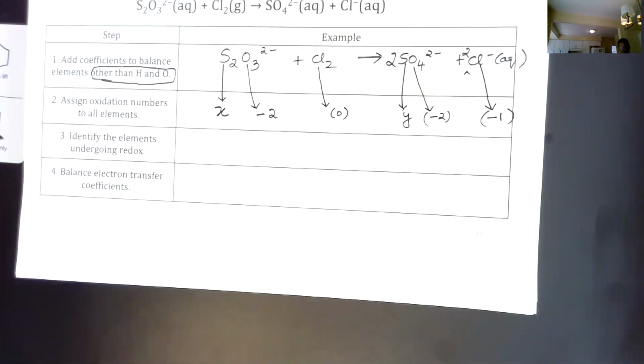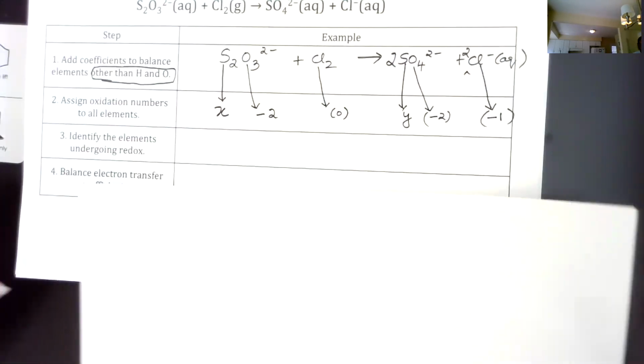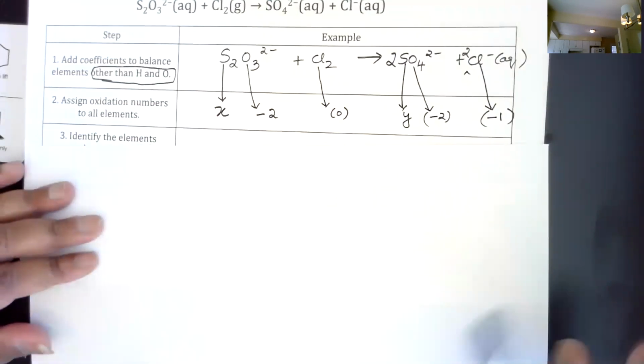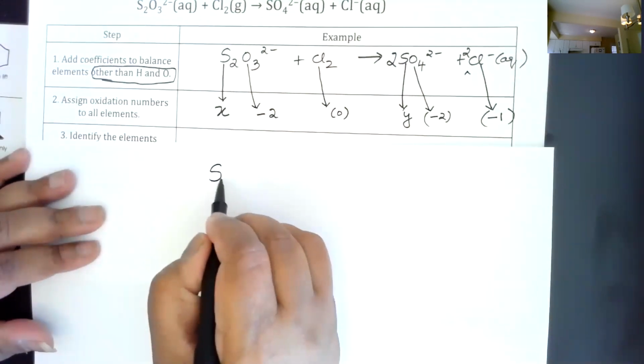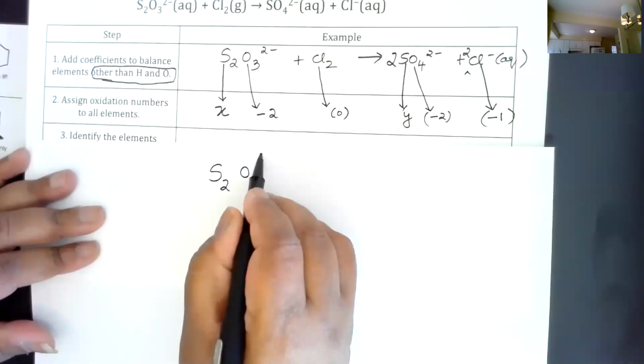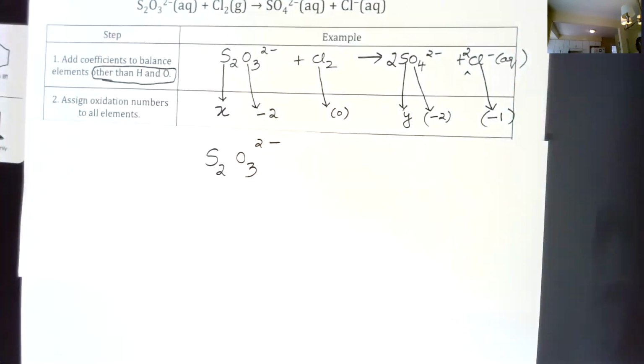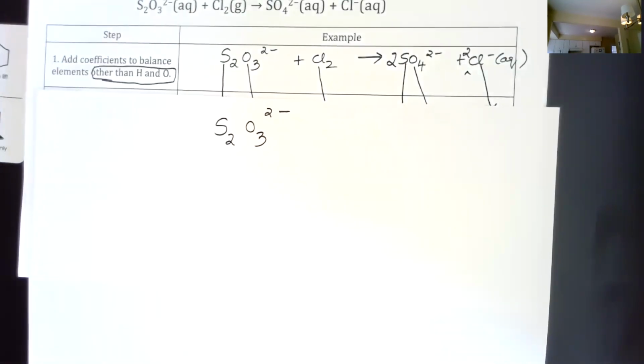Can we solve for the oxidation number of sulfur in S2O3 2 minus? Can you go ahead and do it? Let's practice, and also the sulfur in sulfate.